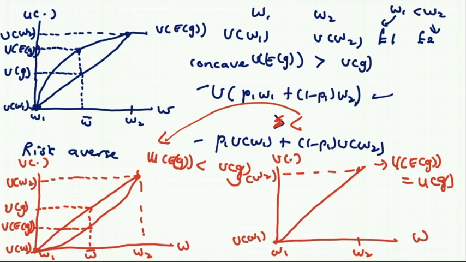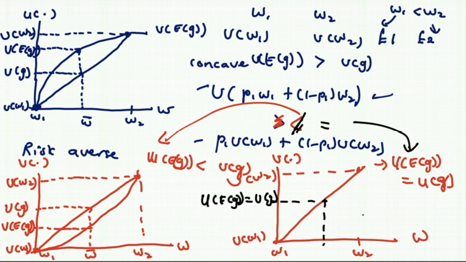Instead of the inequality sign, we can have an equal sign for the third case. So UEG equals UG. G here refers to the investment, the wealth investment, but I use G so that you can compare with the previous slides.